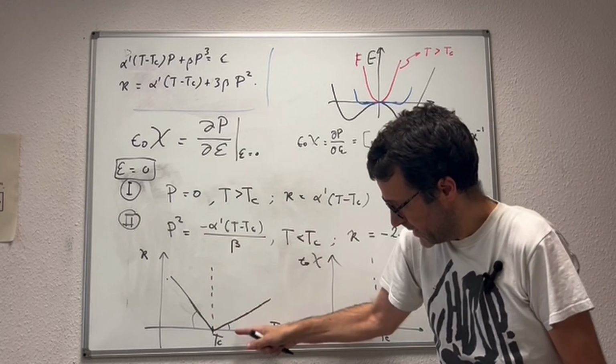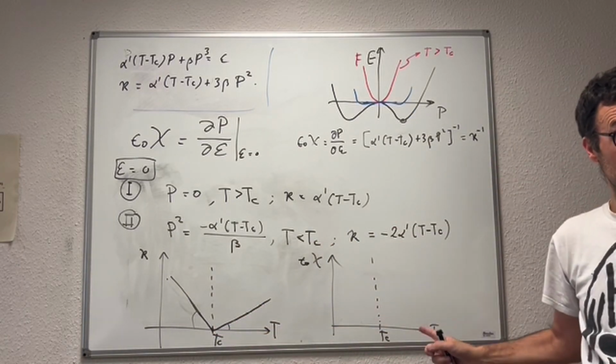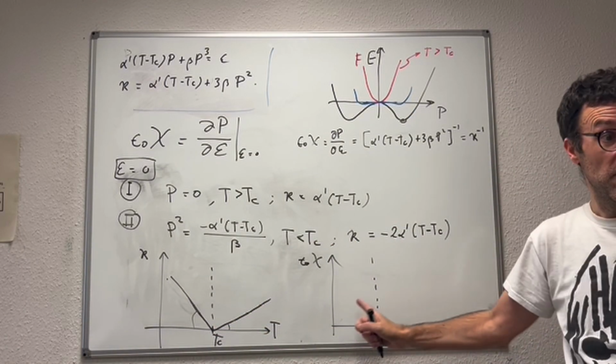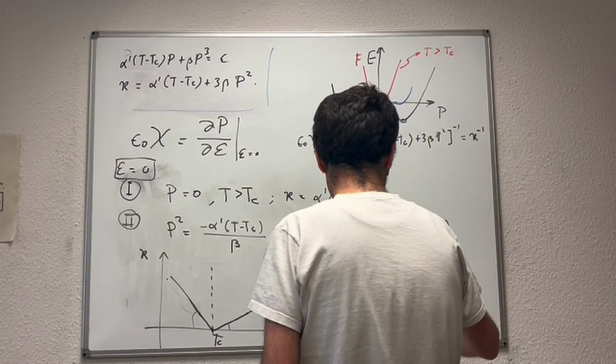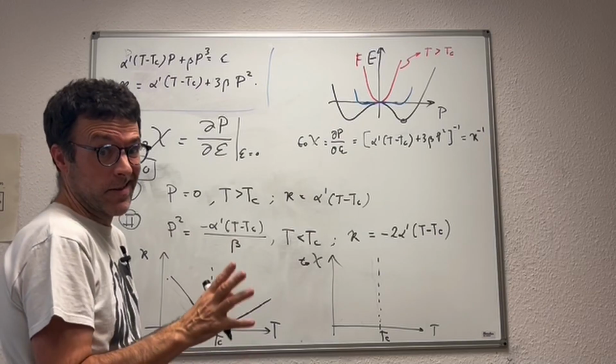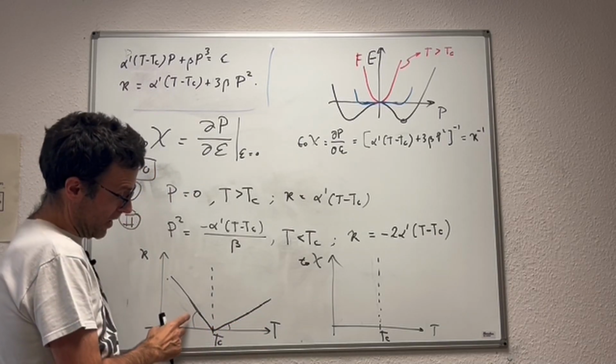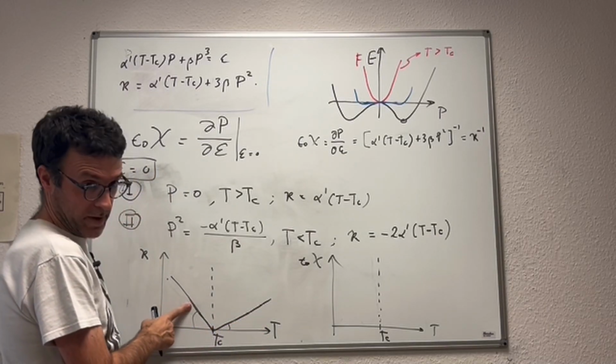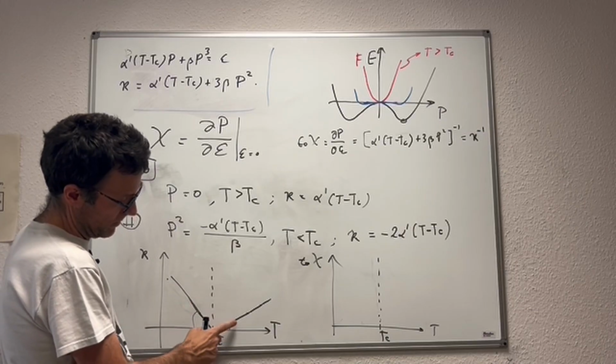Of course, here the stiffness goes to 0, so the susceptibility in this very simple transition essentially has to diverge. So it diverges from both sides, and it will diverge at slightly different rates, let's say, because it will diverge faster over here. Okay?